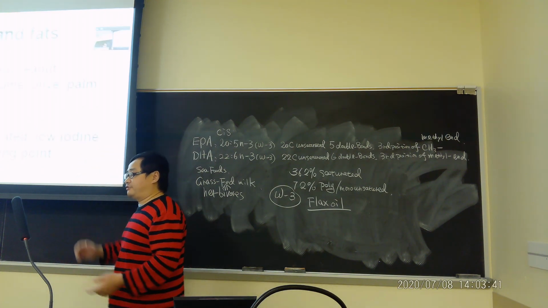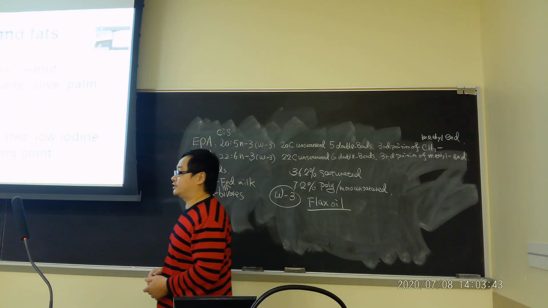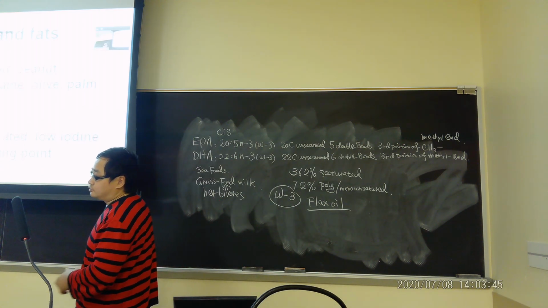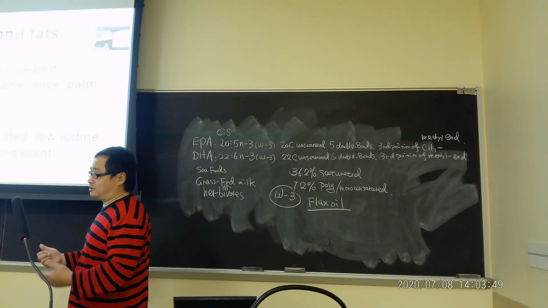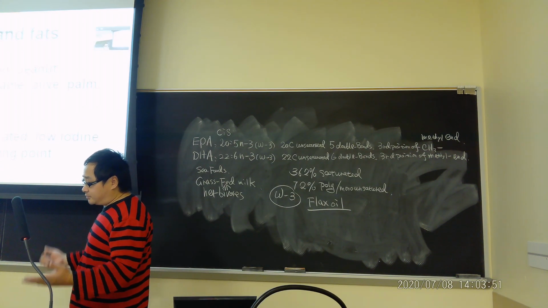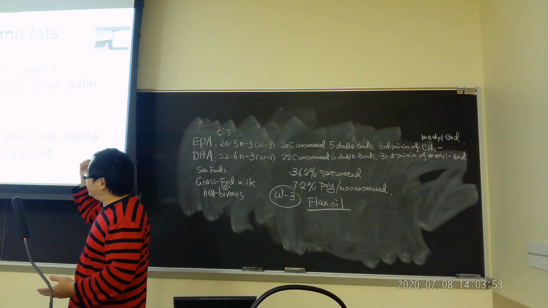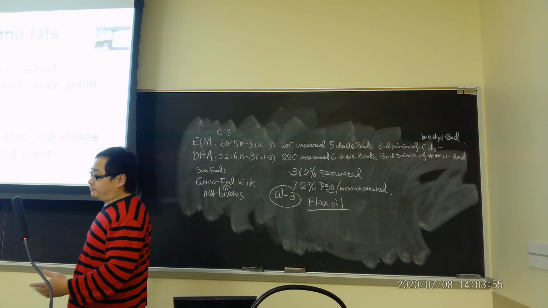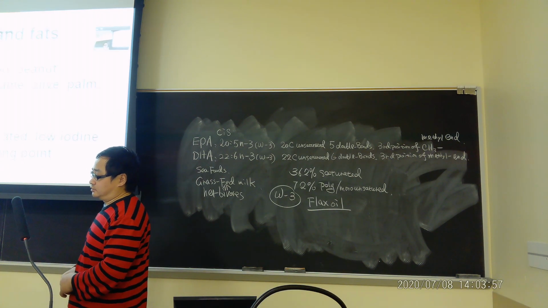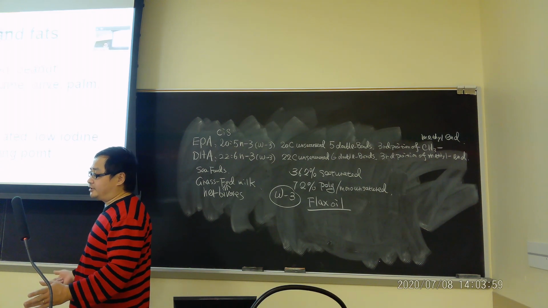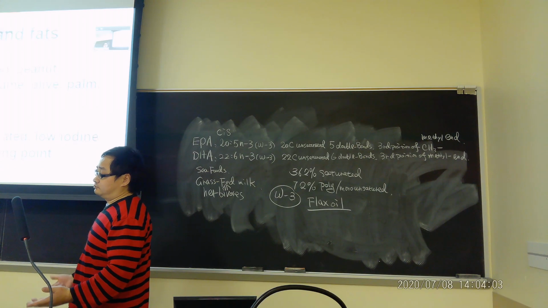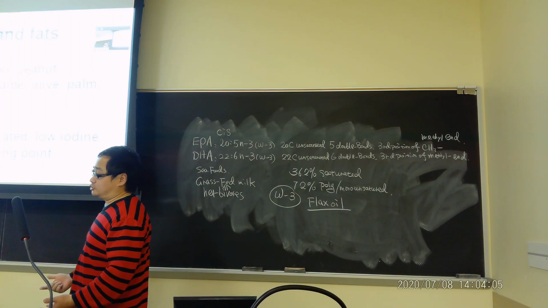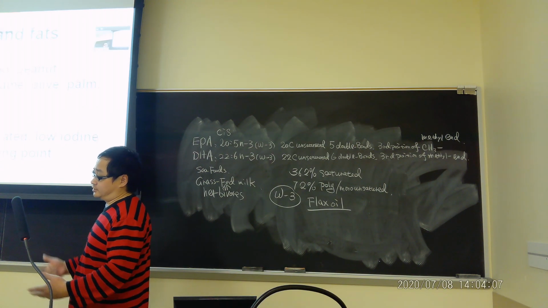Now this one will be very quick to talk about, the vegetable oil and the fatty acids. We know seed oils, all kinds of sunflower oil, soybean oil. Of course, most of them are highly saturated. If it's highly saturated, then the iodine value will be very low, because iodine value measures how unsaturated it is.